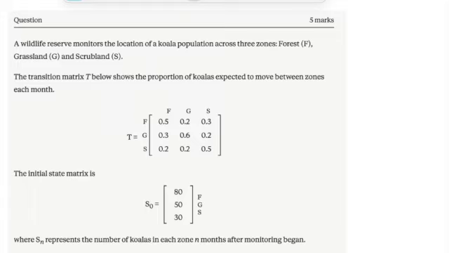In this example, a wildlife reserve monitors the location of a koala population across 3 zones: forest, F, grassland, G, and scrubland, S. The transition matrix T below shows the proportion of koalas expected to move between the zones each month. So remember, each column represents our current situation, so I'm going to write current here. And then each row represents our next period.